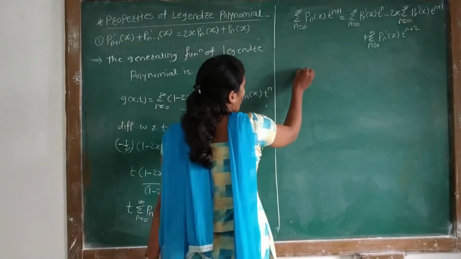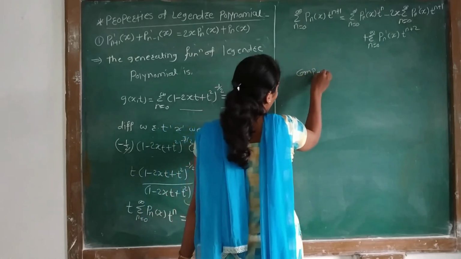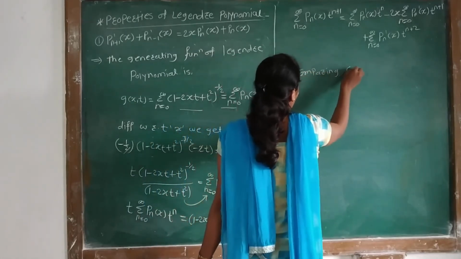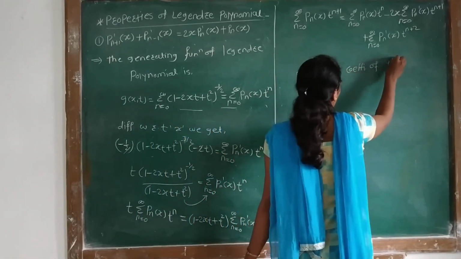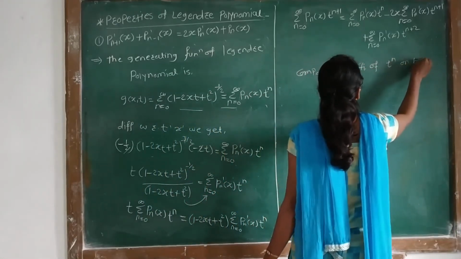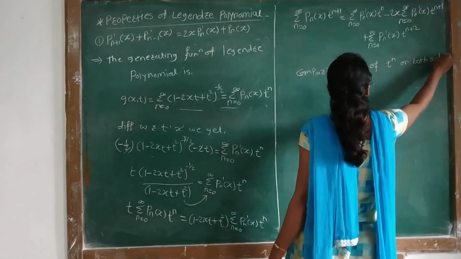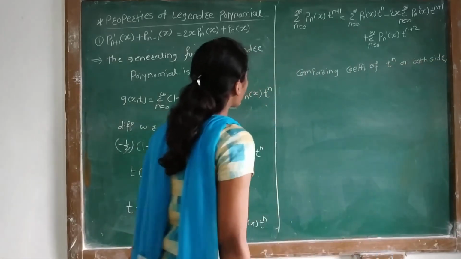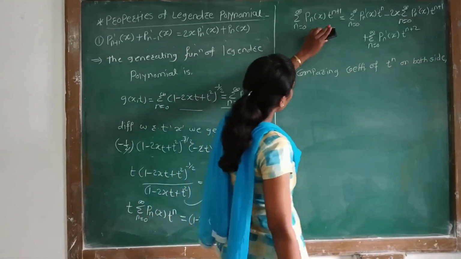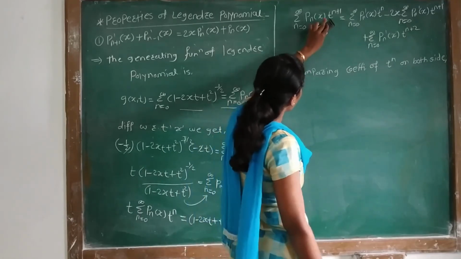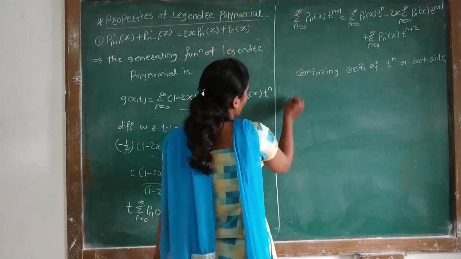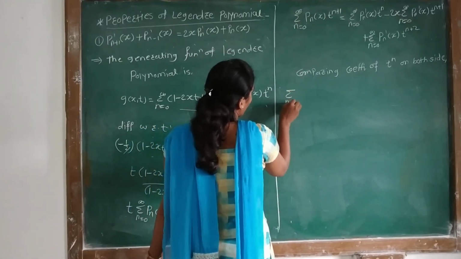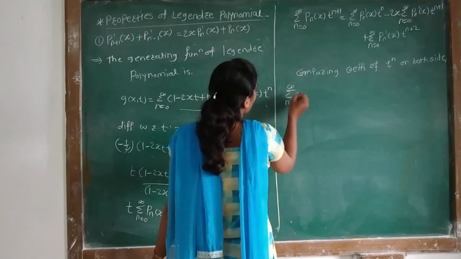Now comparing the coefficient of t raised to n on both sides, t raised to n plus 1 becomes t raised to n, therefore here n is replaced by n minus 1.